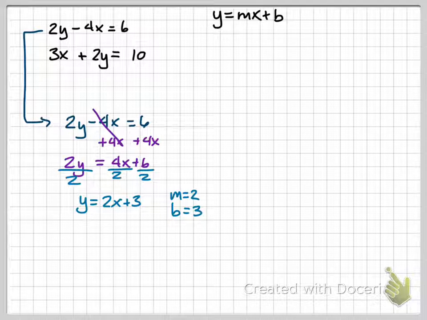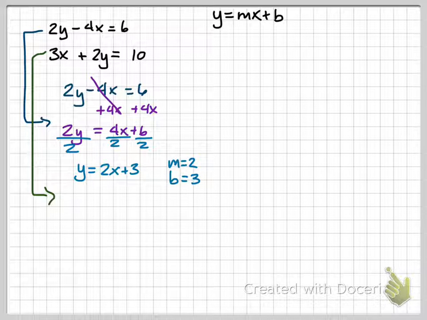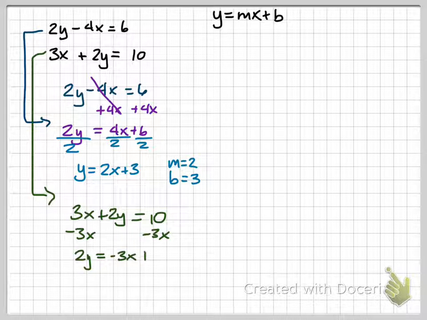Now let's get the other one situated. I'm going to move this up just slightly so I can make myself more room. Okay, we have 3x plus 2y equals 10. We're going to subtract our 3x. So we have 2y equals negative 3x plus 10.